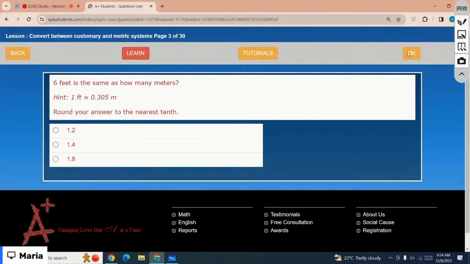Yes, the correct option is 6 times 0.305, which is 1.8. The correct option is 1.8, right?